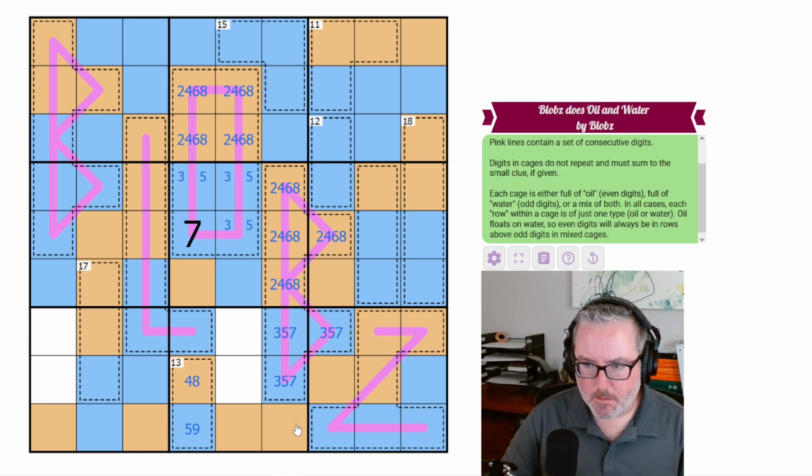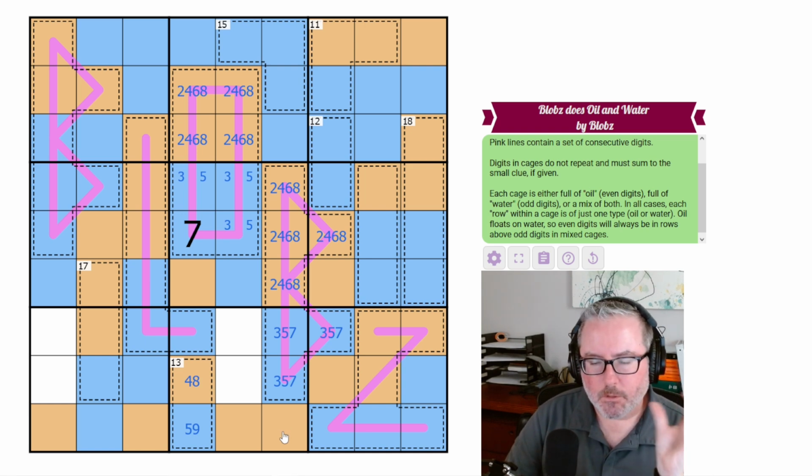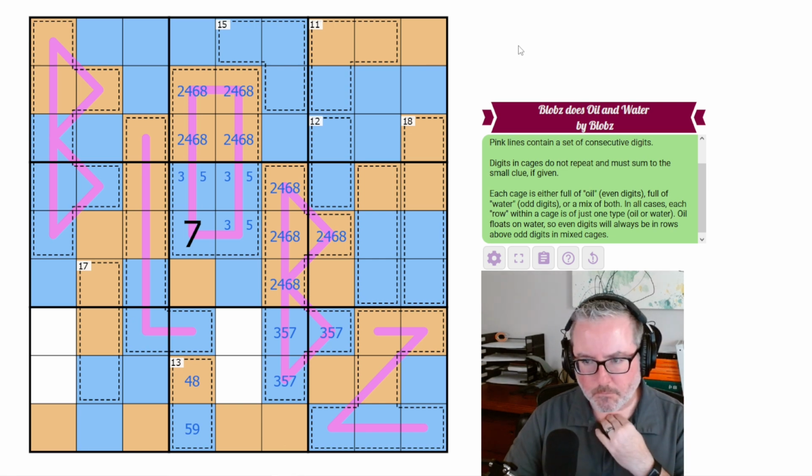What do I need to look at here? I keep switching back and forth and looking at Renbans and then killer cage digits to try to find that in.